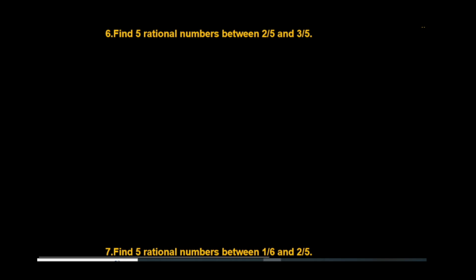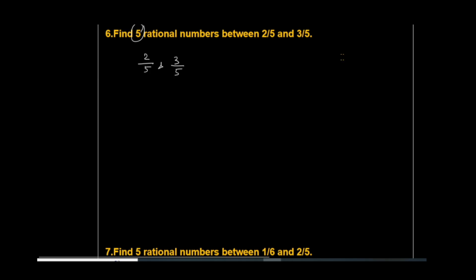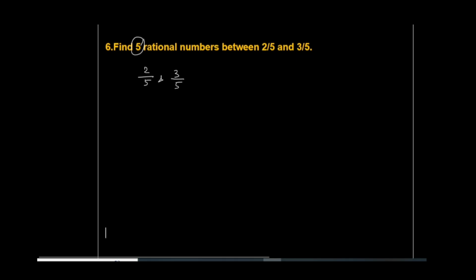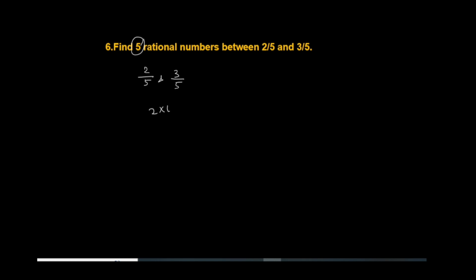Now look at the next question. Find a rational number in between 2 by 5 and 3 by 5. So to find a rational number, at least we need to multiply with 6. Minimum 6 or else 10, whatever it may be. So we will take 6. 6 is the common number. 2 into 6 by 5 into 6 and 3 into 6 by 5 into 6, my common factor is 6.